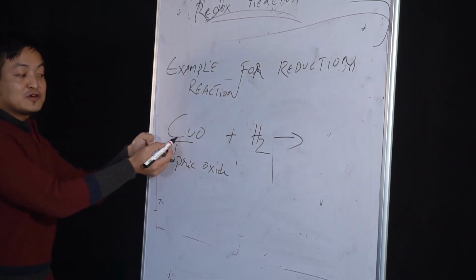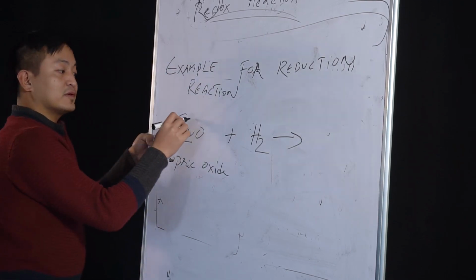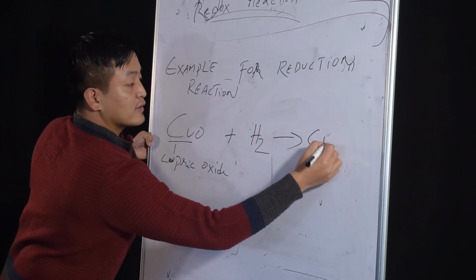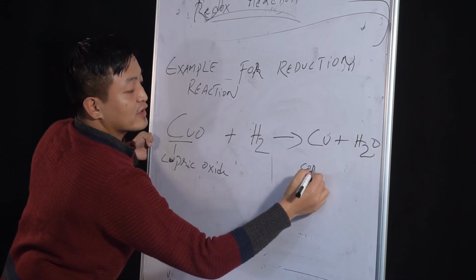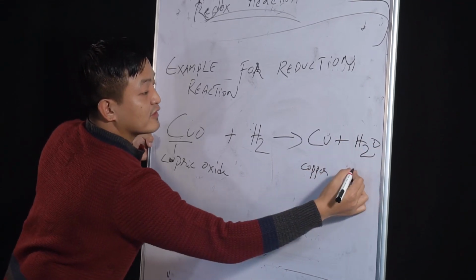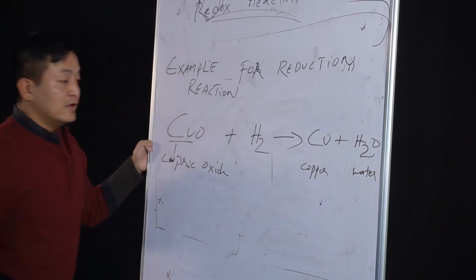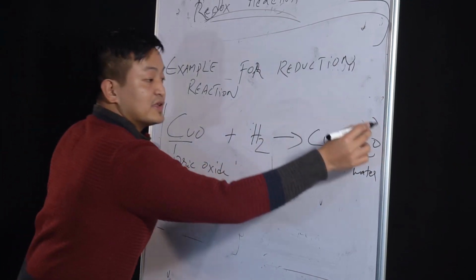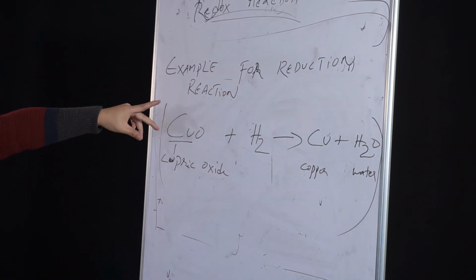So here we see copper and oxygen together. Now we have copper here and we have water here. So this is a very simple chemical equation for reduction reaction.